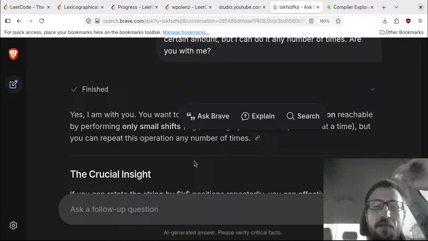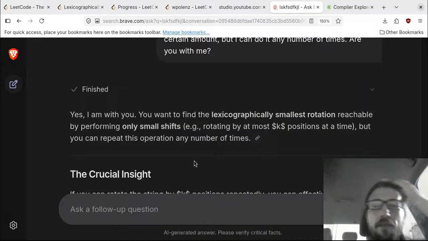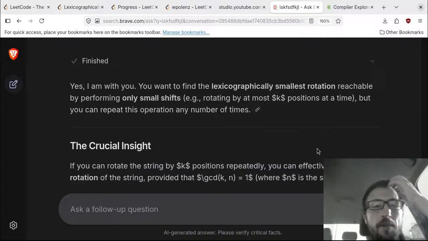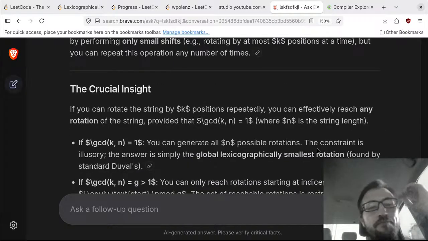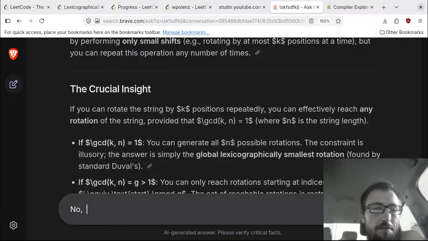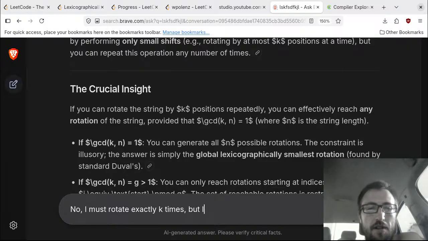I'm with you. You want to find the lexicographically smallest rotation reachable by performing only small shifts, rotating by at most k positions at a time, but you can repeat this operation any number of times. No, I must rotate exactly k times, but I can do it any number of times.